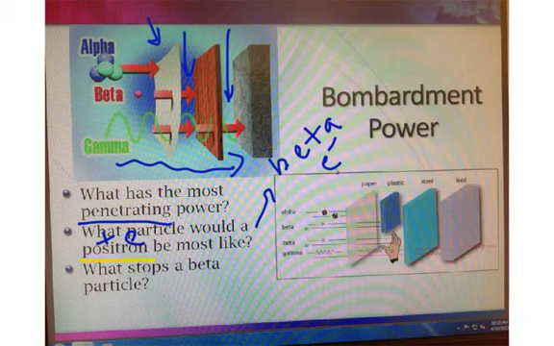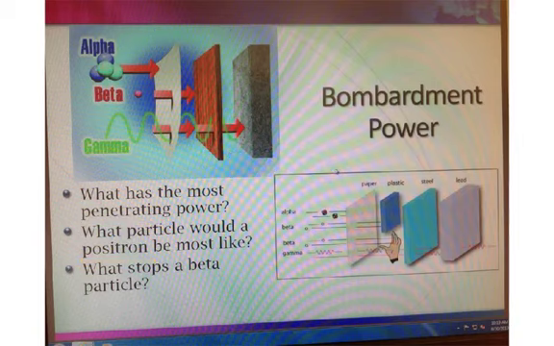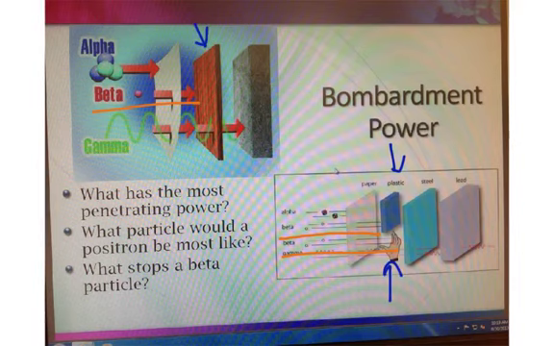So it would most likely have the same type of flight as your beta particle. So it probably would be stopped by a piece of wood, or if you're looking at this, a piece of plastic or your hand. Which stops a beta particle? Well, we just answered that because it's the same thing as a positron.